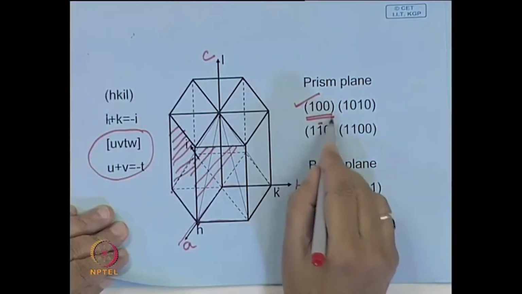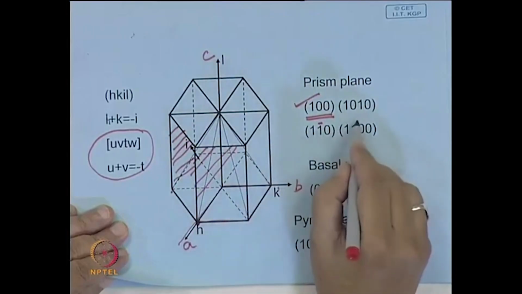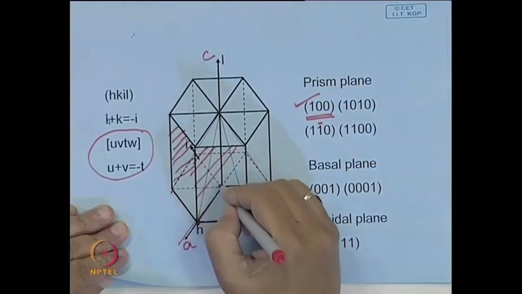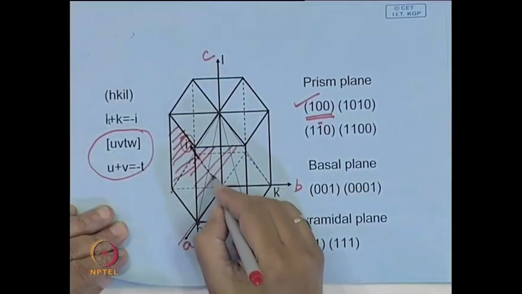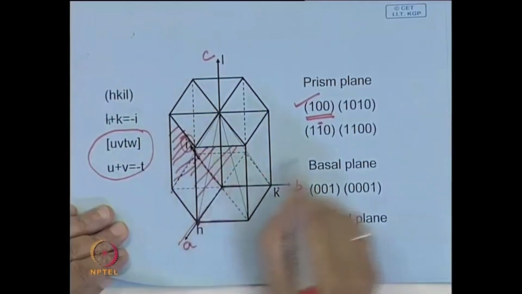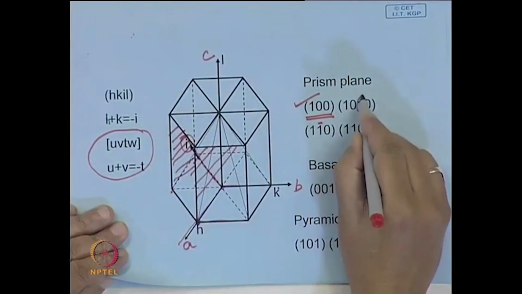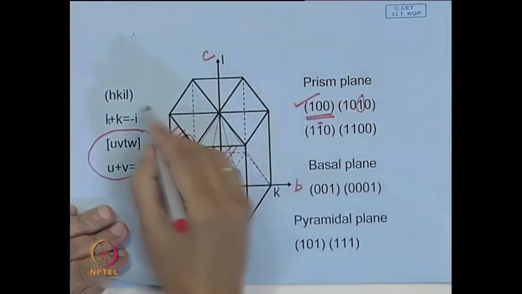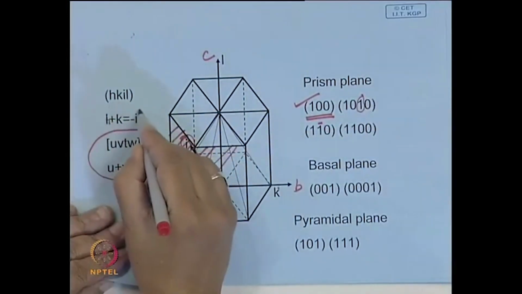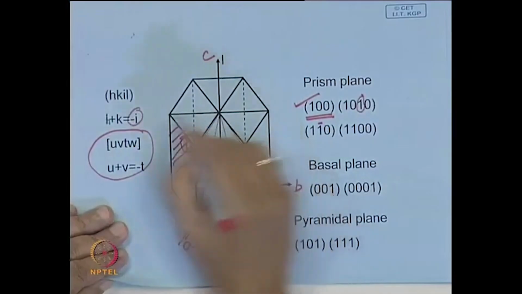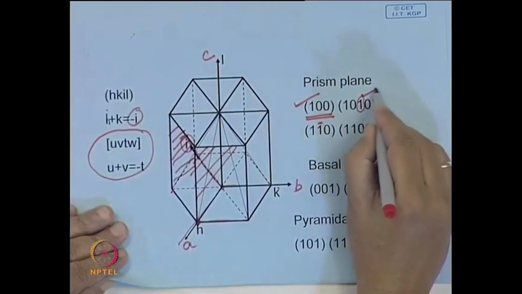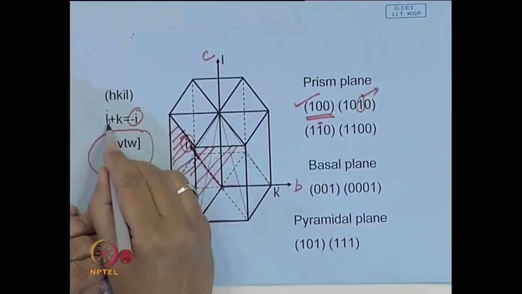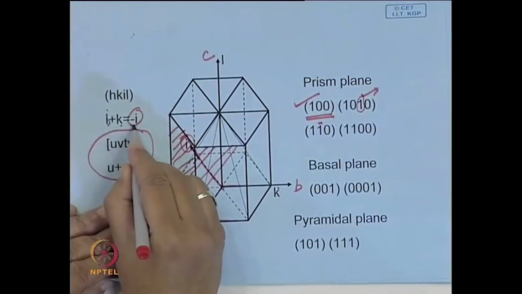So, therefore, people try to represent this by adding another crystal direction. Another axis like this, but this axis is redundant, and usually this relationship will be followed. We call this axis I, and this index I will be the sum of h plus k with a negative sign.